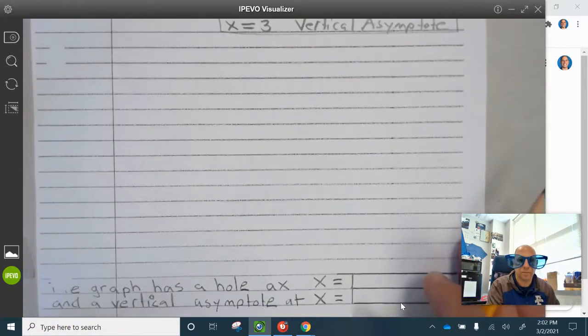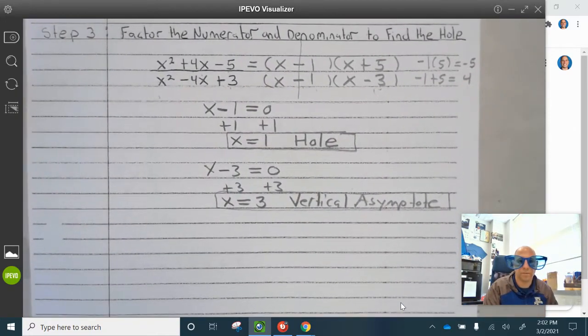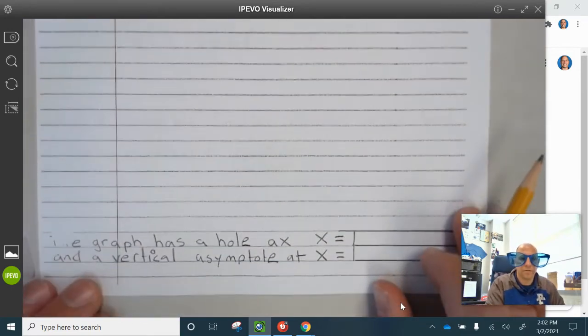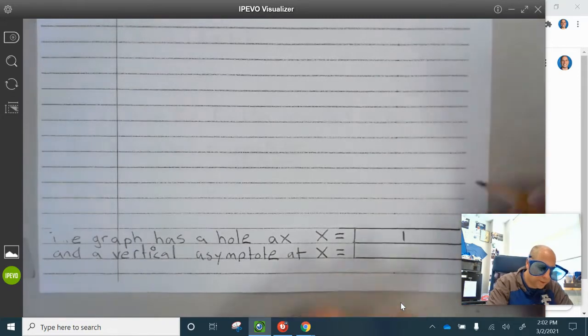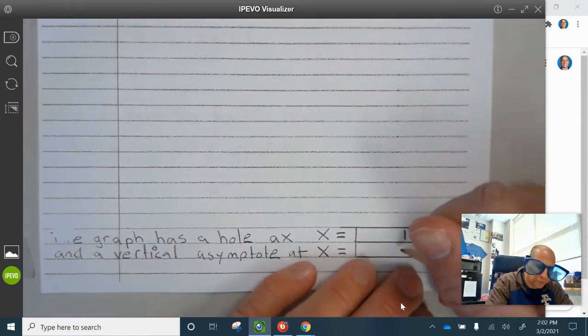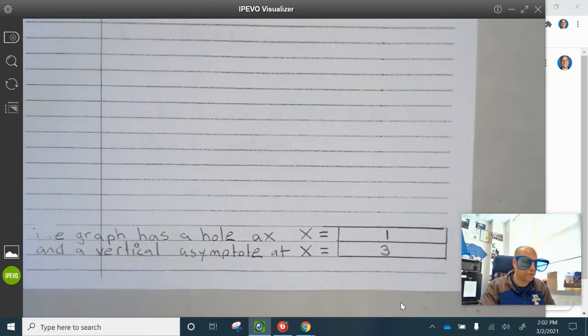So, let's look at that for a second. Okay, so the graph has a hole at x equals 1 and a vertical asymptote at x equals 3. Okay? Go ahead and finish up example 2.